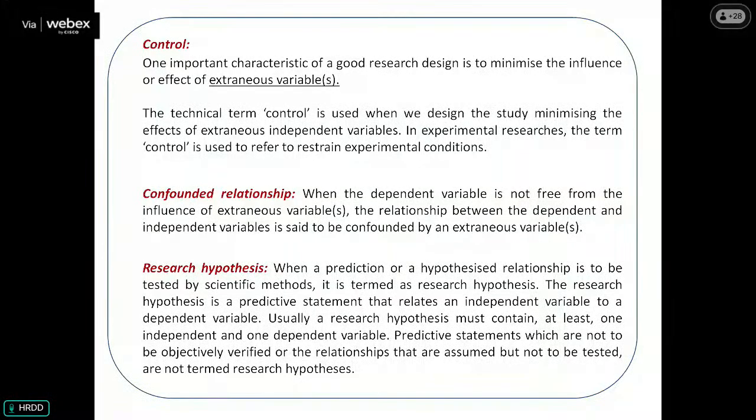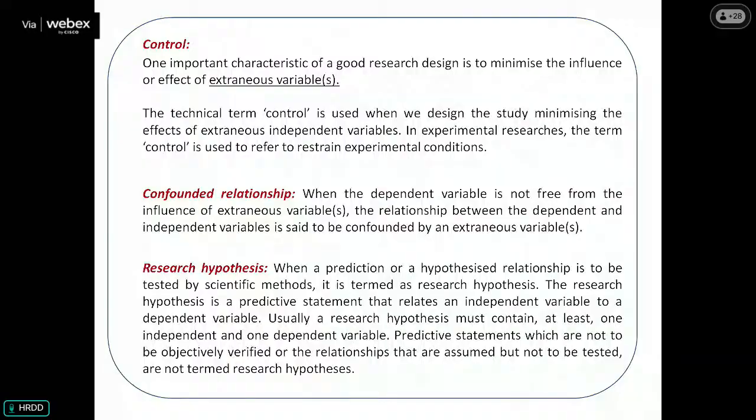When the dependent variable is not free from the influence of extraneous variables, the relationship between dependent and independent variable is said to be confounded by an extraneous variable. So these are all terms used when the independent variable and dependent variable exist and an extraneous variable affects the variability of the dependent variable, then between the independent and dependent variable, a confounded relationship exists.